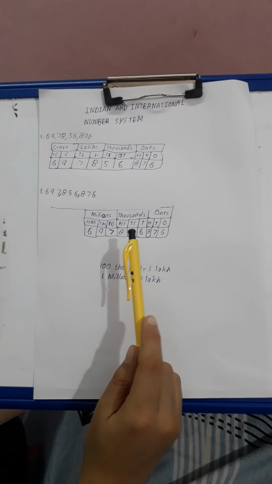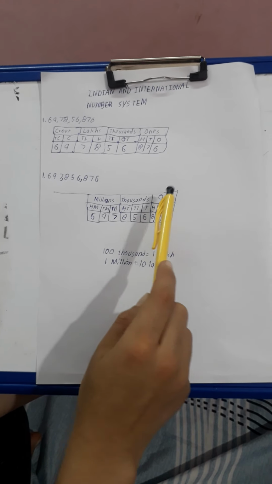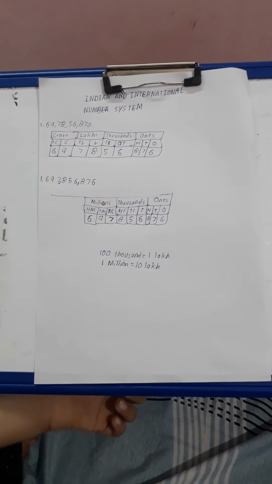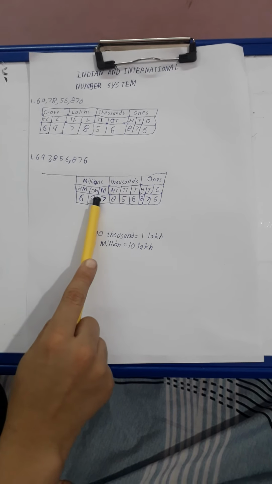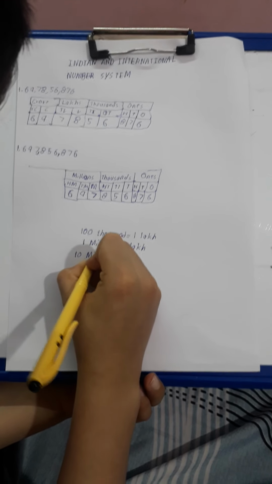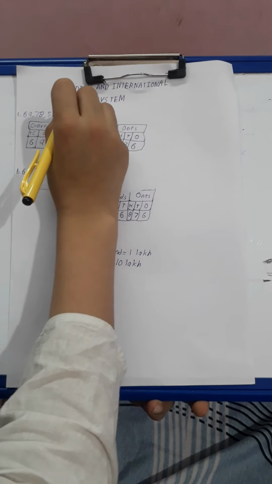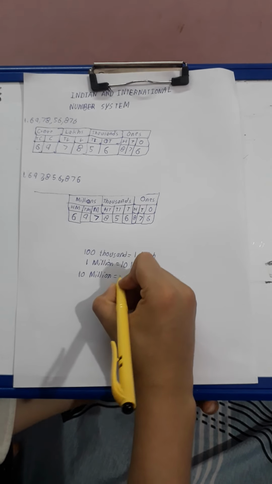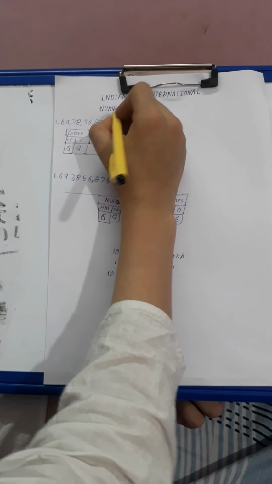So there is 9,999,999, and we plus 1 to it. What will it be? It will be 10 million. Yeah, 10 million. So we have understood a new thing, which is 10 million of the international number system, yeah, not the Indian one, is equals to 1 crore of Indian number system.